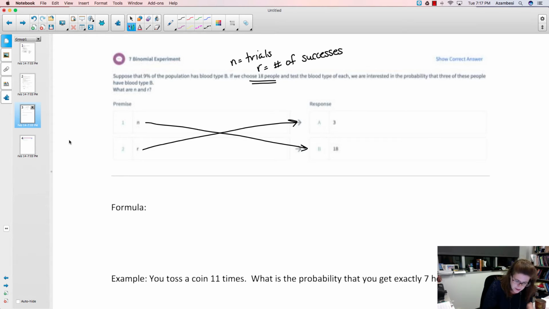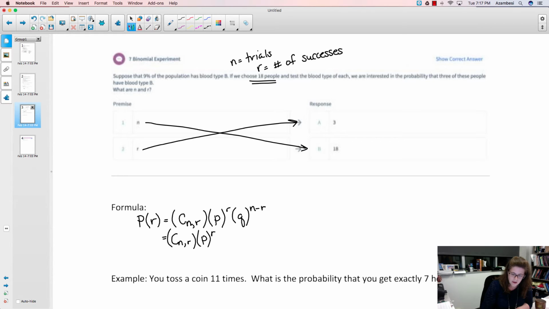The probability of R successes is equal to the combination of N things taken R at a time, times P to the power R, times Q to the power N minus R. Similarly, we can write that as the combination of N and R, times P to the R, times 1 minus P, because that's what Q is, to the N minus R.